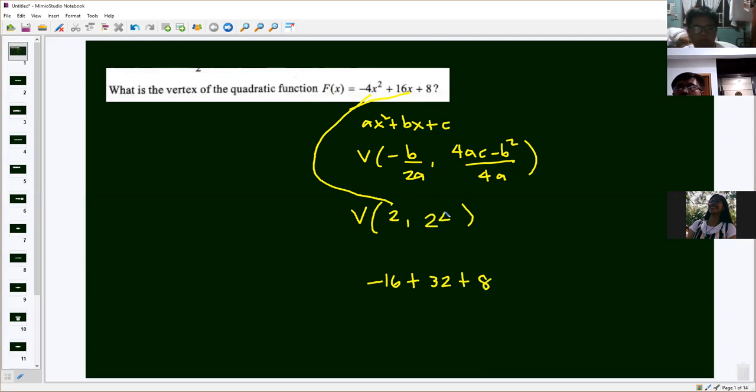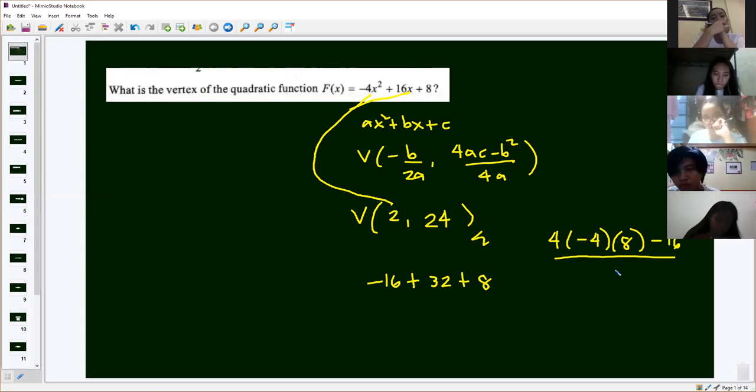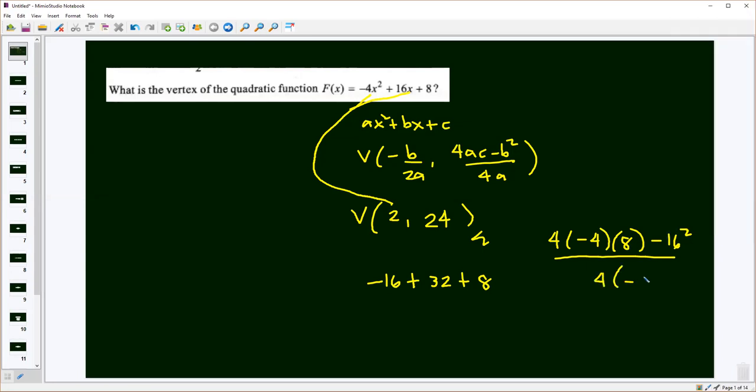That answer is 24, not 8. If you want, the formula is also okay: 4 times negative 4 times 8 minus b squared over 4a. So you still get 24.